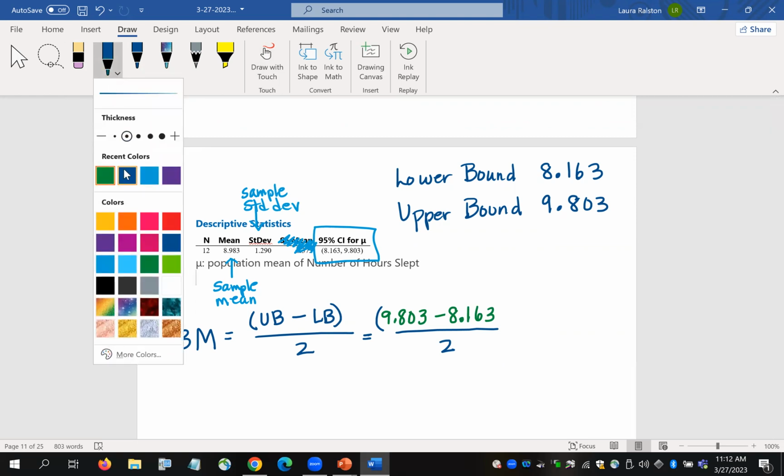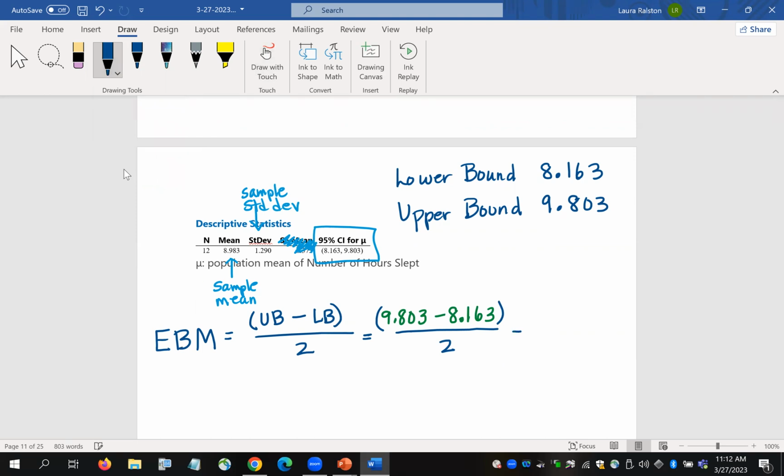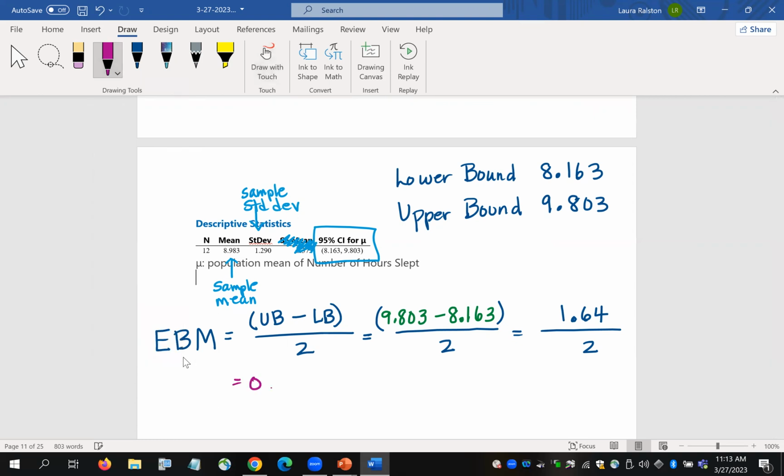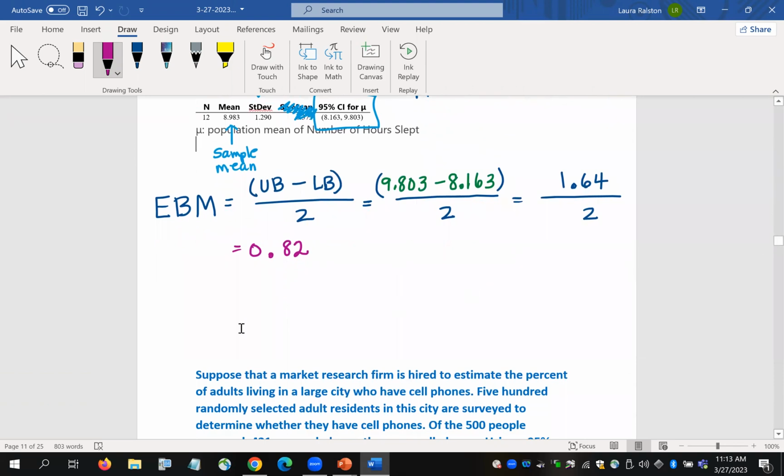Again, I put parentheses around that to emphasize that you need to do that subtraction first. So I'm getting my calculator. 9.803 minus 8.163 is 1.64 divided by 2 is 0.82. So the error bound for the population mean is 0.82, not quite a full hour.